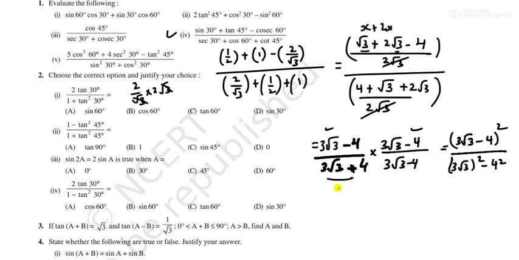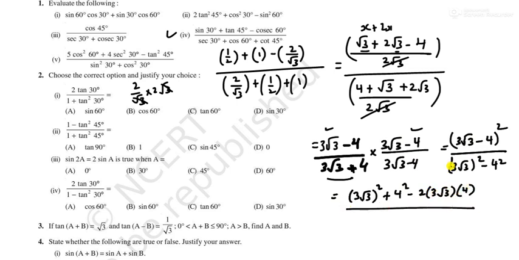Now on solving this, you have to use the formula (3 root 3) a square plus b square minus 2ab, divided by, solve this. So here you will get 9, and 9 into 3 is 27. Why? 3 square is 9, and root squaring will get cancelled, so you will get 3. So 9 3s are 27 minus 4 square is 16.